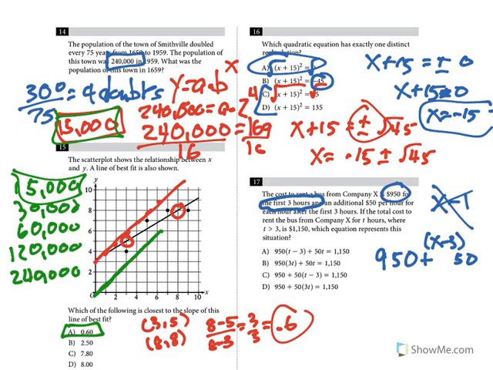So it's not x minus 1. That's typical, but this is the first 3. So I'm paying $9.50 once, and however many total hours I'm paying, I already paid $9.50 for those 3. So the total number of hours minus 3 is the number of hours I'm paying the 50 cents for. Well, to me, that certainly only looks like choice C: $9.50 plus 50 times the quantity T minus 3.